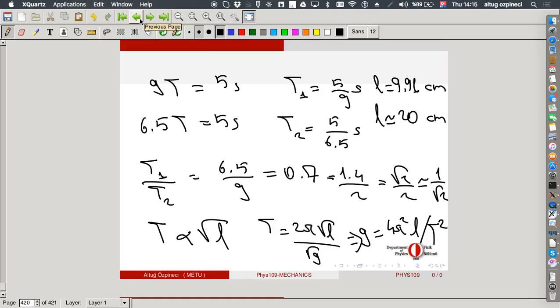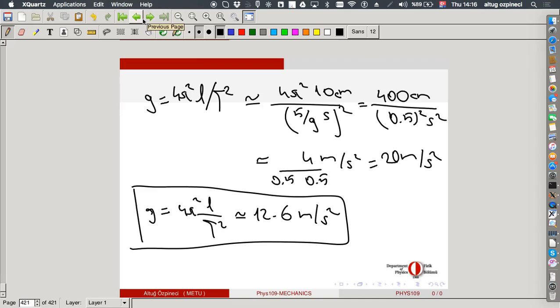The length is not exactly 9.91. The period is not exactly equal to this one because you are going from 9 to 10, so here you have 9.5 plus minus 0.5. So those are some errors that you should include. And if you calculate the error bars over here, you will see that it's in fact in much better agreement with the actual value. Now, any questions on this?